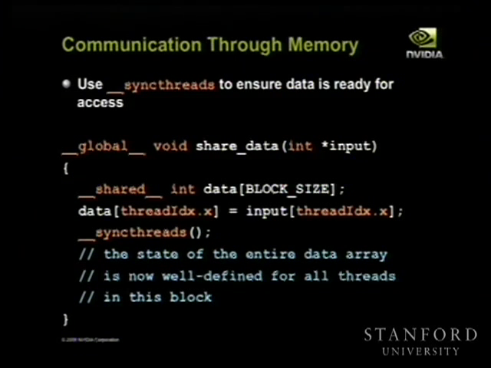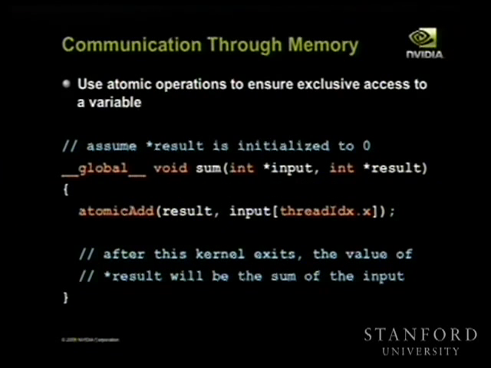We've declared this shared array data. It has the size of the block, so every thread in the block has a slot in that array. After we've written into that array, if we call sync threads, then after that barrier the state of that array is well defined. We know what the state of that array is going to be.